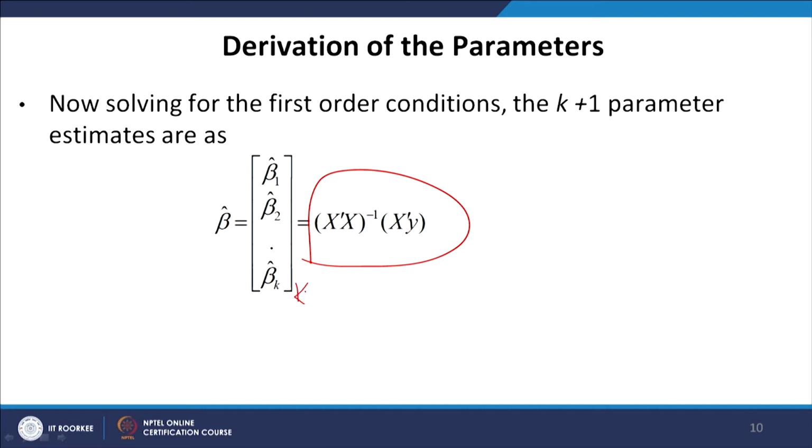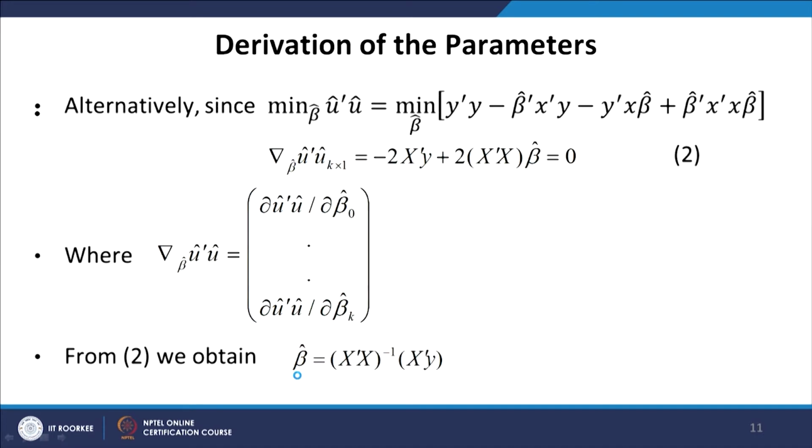This is a k plus 1 by 1 vector. Once we have this expression, then equating each row with the corresponding row, we can have values of the betas, that is, starting from beta naught hat to beta k hat.